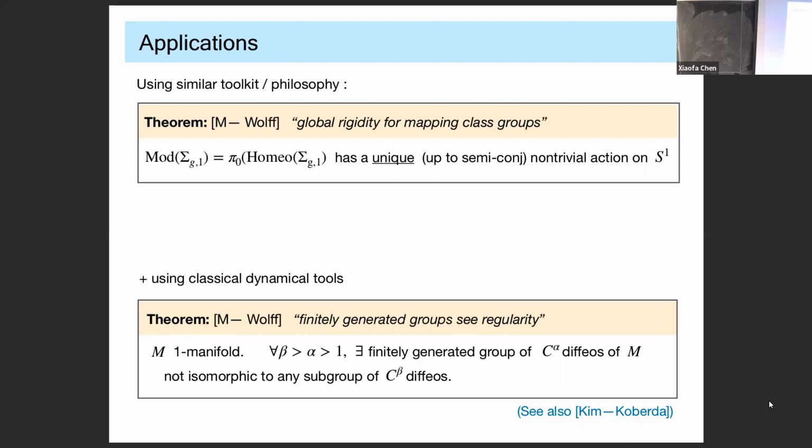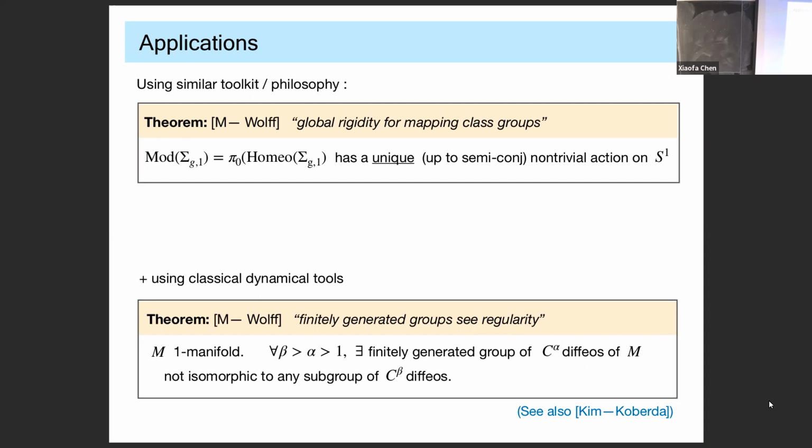If I take a mapping class group, so the mapping class group of a surface is a group of homeomorphisms up to isotopy, or pi naught of a homeomorphism group. Here, the one means that as well as having genus g, my surface has a preferred marked point. And we showed using some of this toolkit that actually this group has only one.